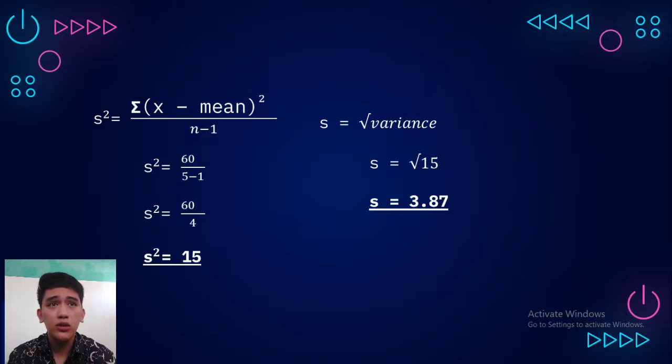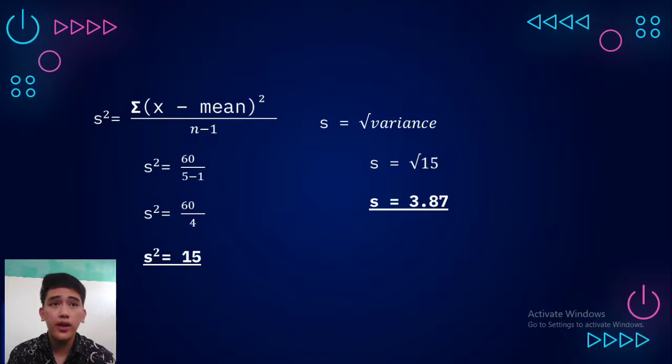Just substitute. The summation of x minus mean squared is 60. Then the number of set of values, yung n, is 5. And substitute. Then compute. 60 over 5 minus 1. Next is 5 minus 1 is 4. Then 60 divided by 4 is equal to 15.